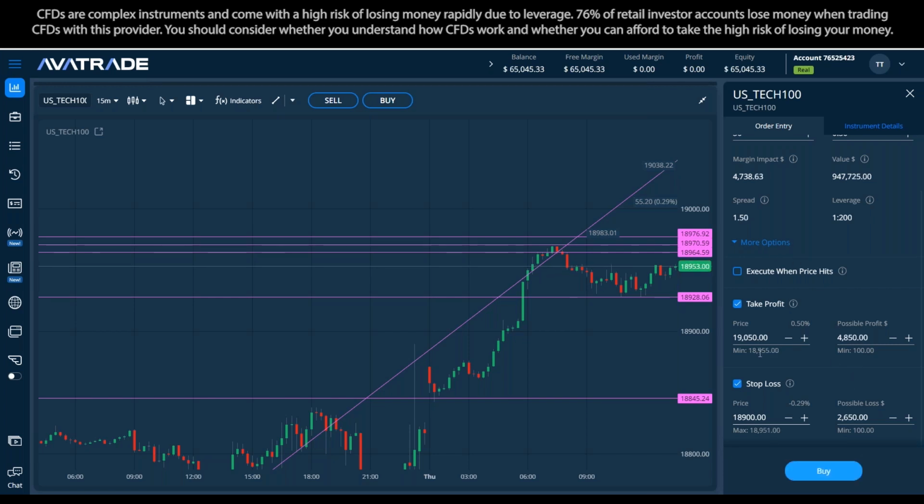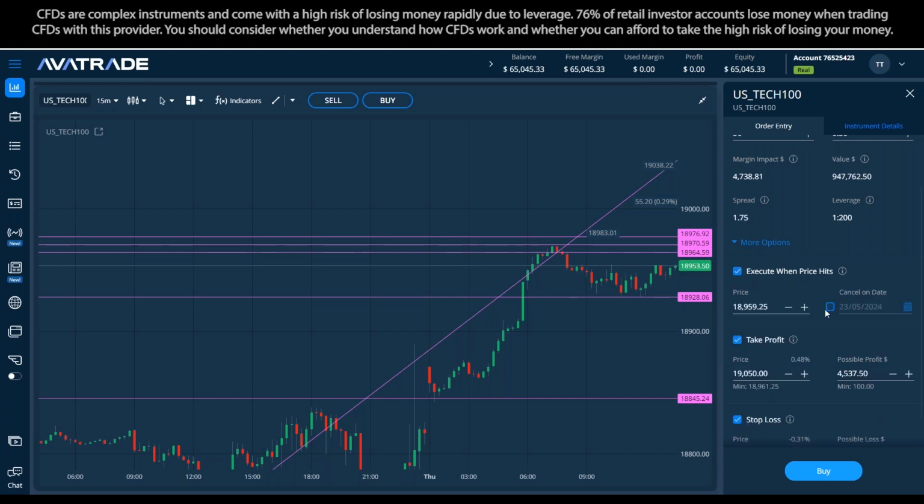Now, this is a market move setup. If I'm doing execute when price hits, I can do it from my expected entry with the pending order, if I'm waiting until it would break the resistance and I'm entering at 18,983.